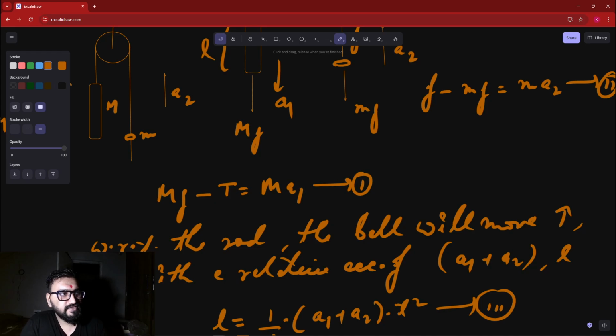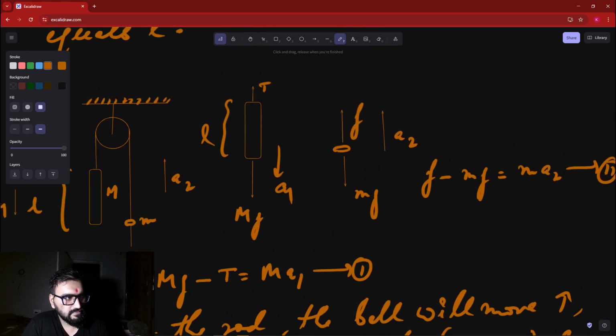Because if the string is actually pulling this ball via frictional force, right? But this ball would also be pulling the string by the same amount of force, right? Basically action and reaction pair, right? So which effectively would be the tension.